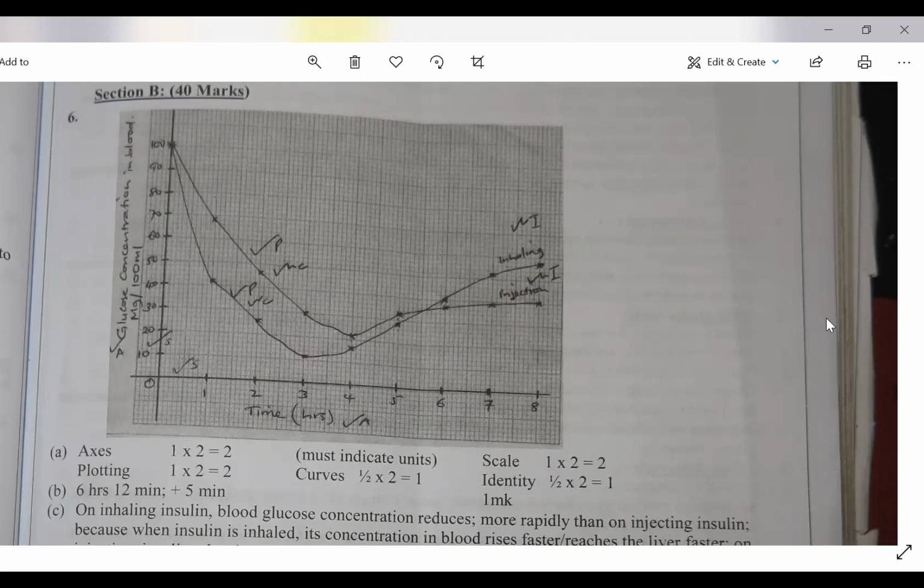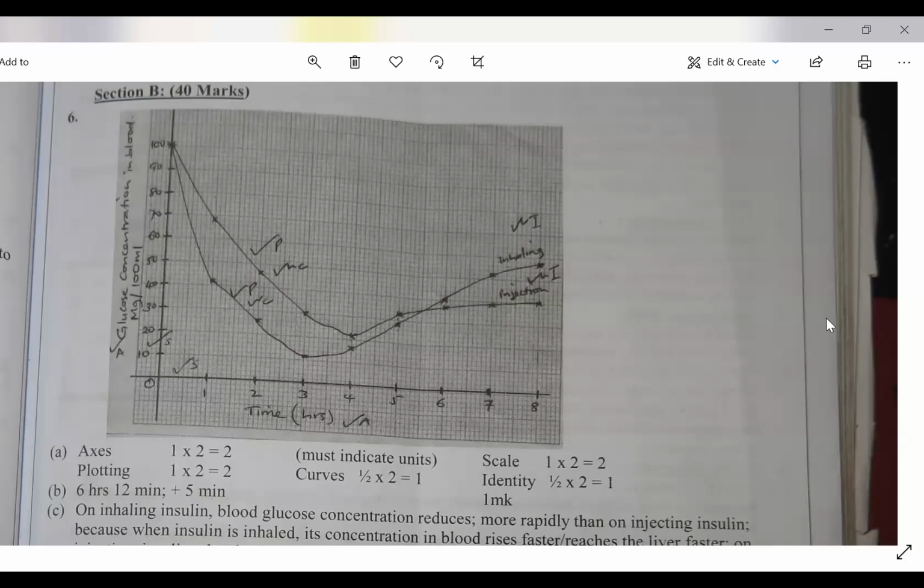Is your curve having 2 lines? There are some candidates who always feature 2 lines along the same curve. Is it smooth? Is it well drawn passing through the points? Every curve well drawn earns half a mark. And there are 2 curves. That one will bring for us 1 mark.